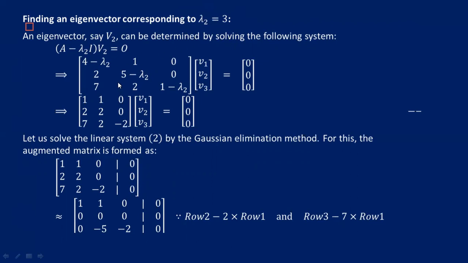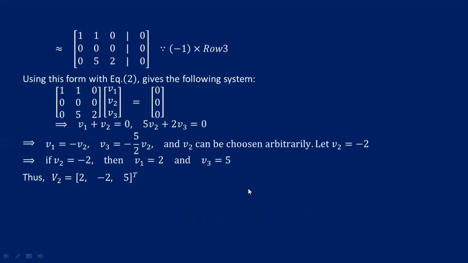Repeat all the procedure as in the previous slide. Solve the system by Gauss elimination method and determine whether there is a free variable or not. This is the augmented matrix, and you know how we write it. Then apply the Gauss elimination procedure. Note that all the elements of the second row are zero.